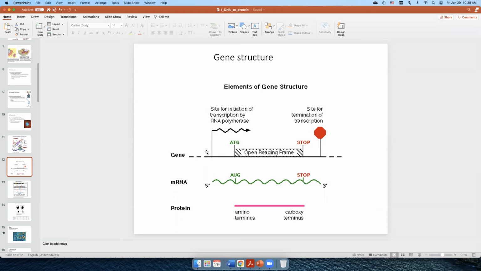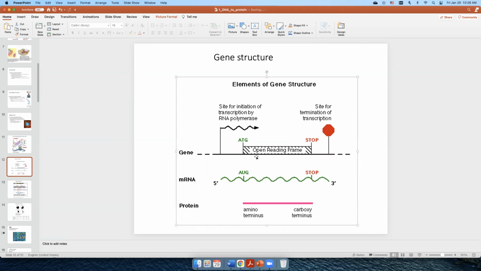That's a sequence of DNA structure here. For example, the gene usually is very long, so it contains some frames. For example, here it's an open reading frame, which can be read by mRNA, which is messenger RNA.